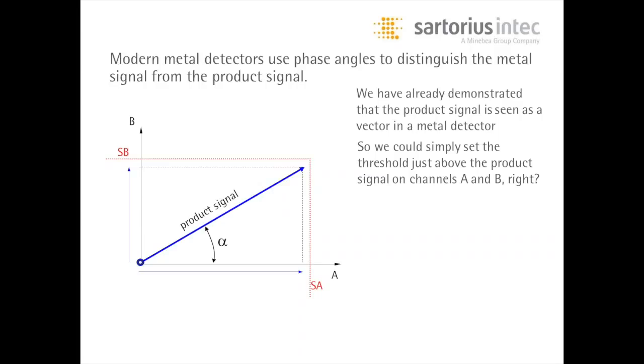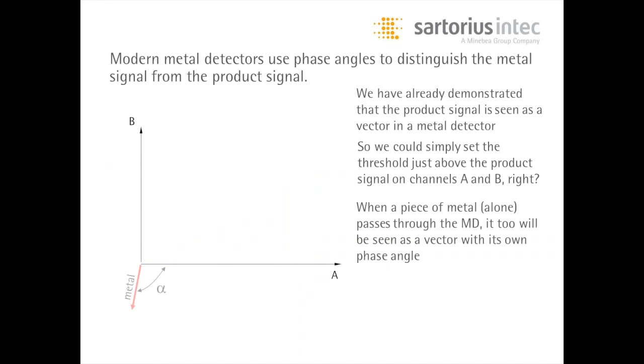And when a signal crosses or surpasses these thresholds, then the metal detector considers it metal. So can we just set the thresholds just above the product signal on channel A and B? The answer is obviously no.